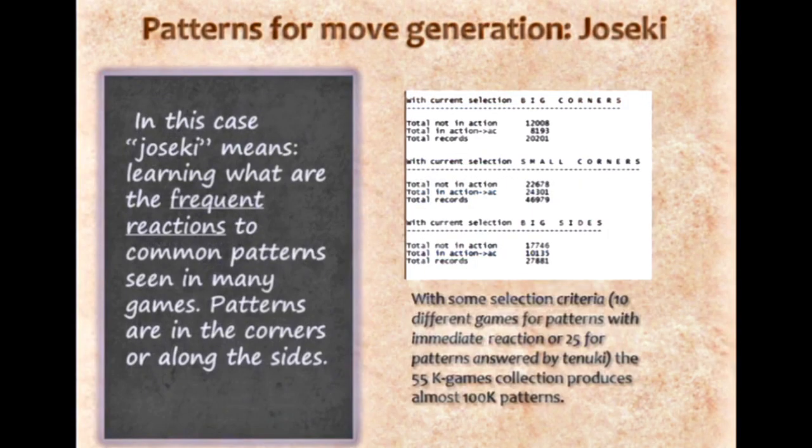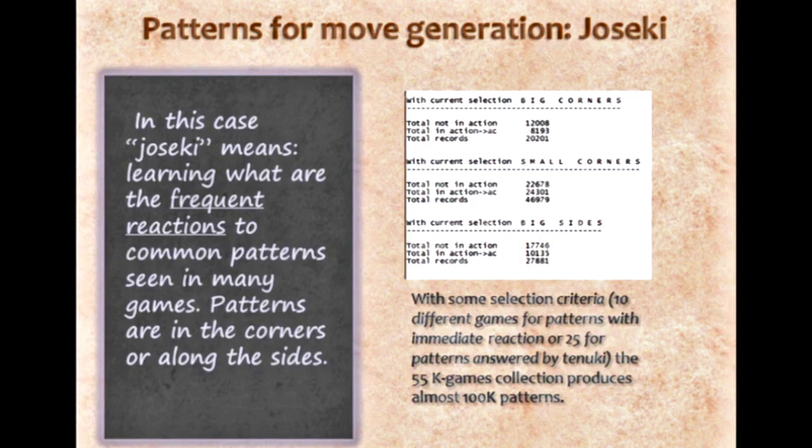Besides the already mentioned patterns around each possible next move, we analyze the board divided in regions of different sizes. These regions are small corners, which are not enclosed by empty intersections, big corners, which are, and big sides.